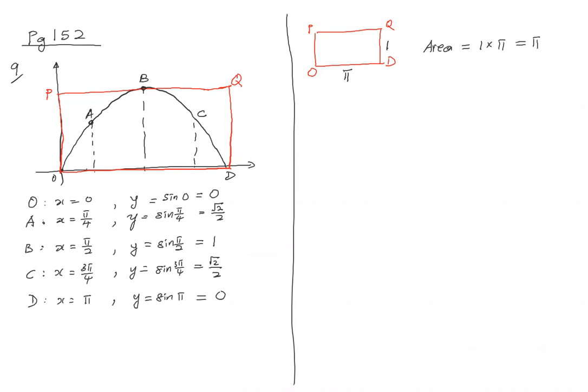So the area of the yellow region is less than this, the yellow one. This area is represented by this, correct?